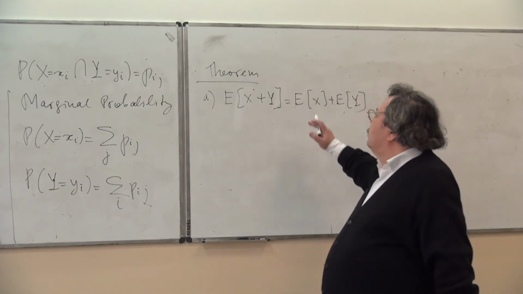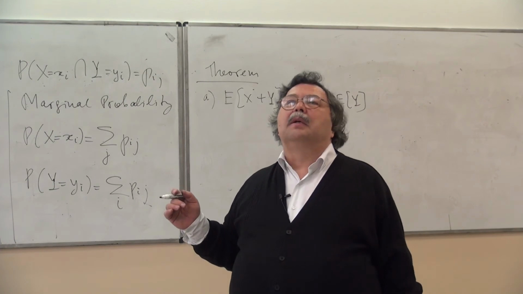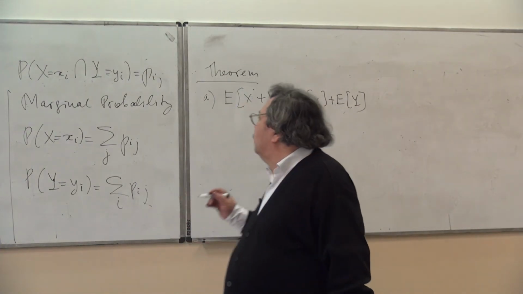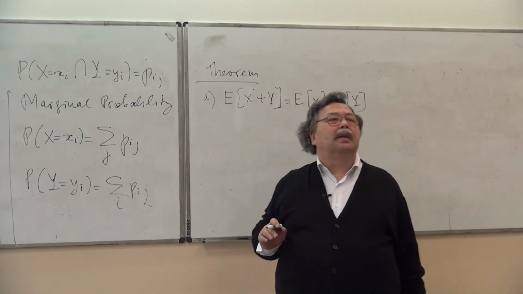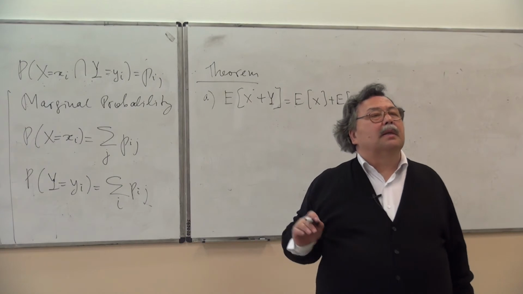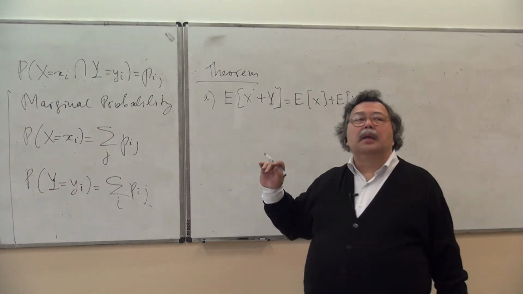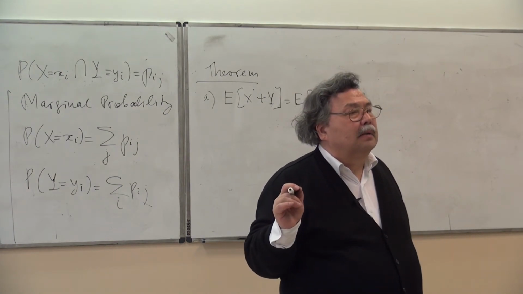expectations, which looks so simple that you might think that it's obvious. Actually, it's not, considering that there may be a dependence between the two. The real meaning of this formula is that it's true even for random variables that are dependent on each other.